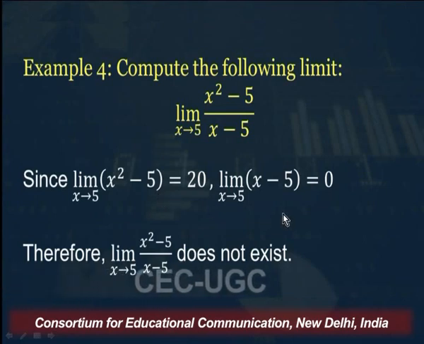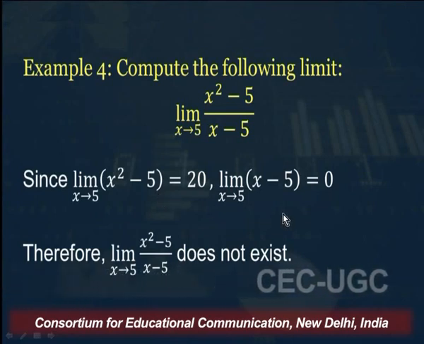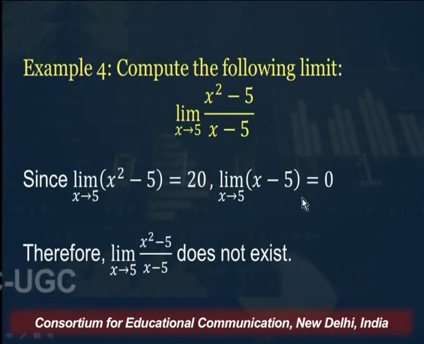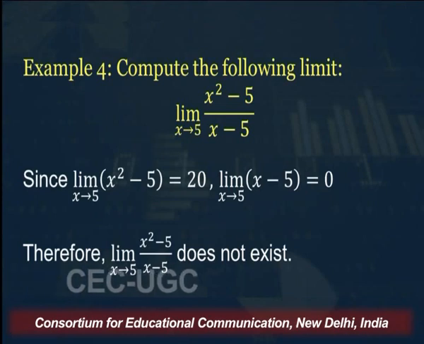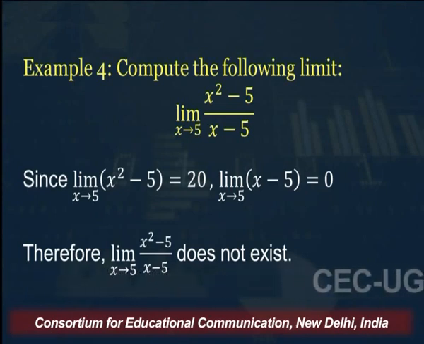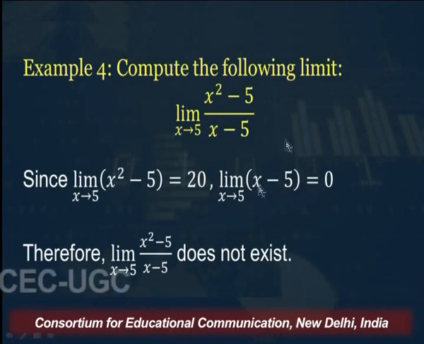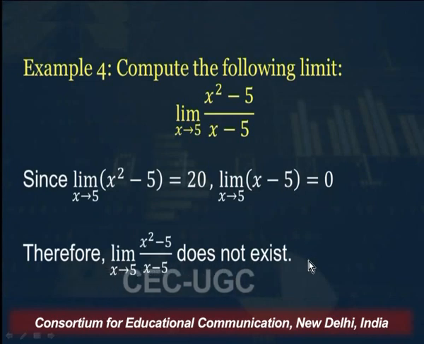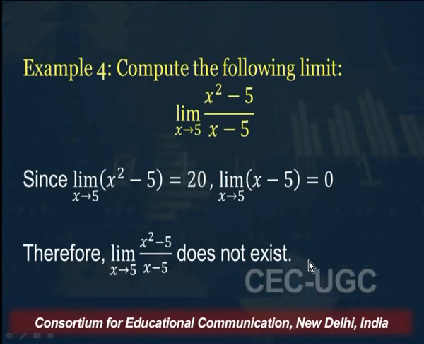But the limit of the denominator is the limit of x minus 5 as x tends to 5, that is 0. And in this case, as we just talked about in the theorem, we say the limit does not exist, because basically this is going to involve division by 0, and as x tends to 5, the function will shoot off to infinity or minus infinity.